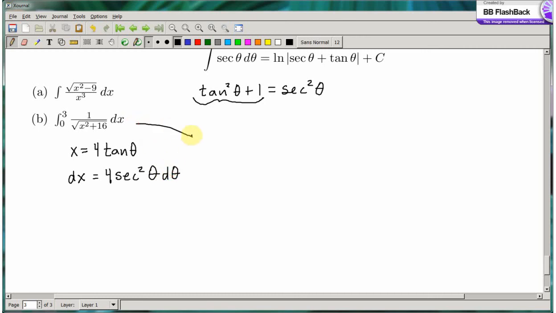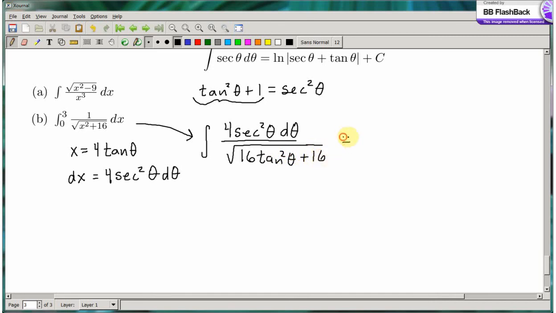Alright, so now we have a completely new integral. I'm just going to ignore the limits until I get back to x at the end. So dx has become 4 secant squared theta d theta. And down here in the numerator, this has become the square root of 16 tangent squared theta plus 16.